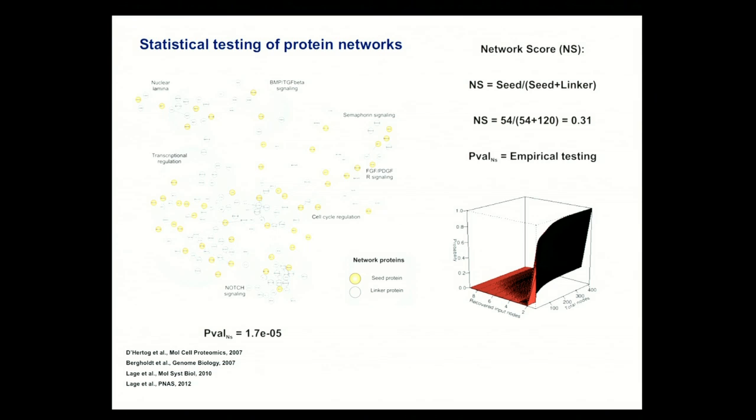And in this case, this is a very significant network. We would never expect to see this amount of seed proteins in the full network by random. So the p-value in this case is 1.7 times 10 to the minus 5, and this is actually a heart developmental network, but it's just used here for illustrative purposes.